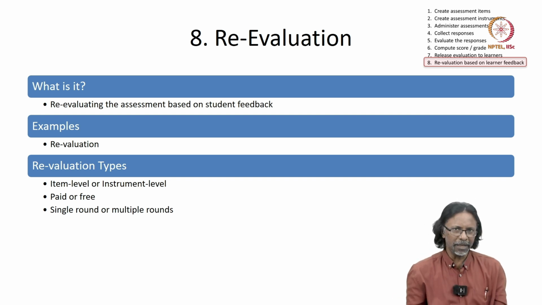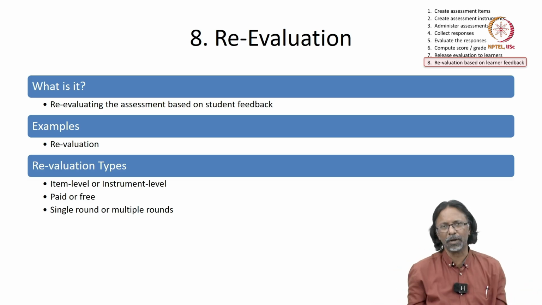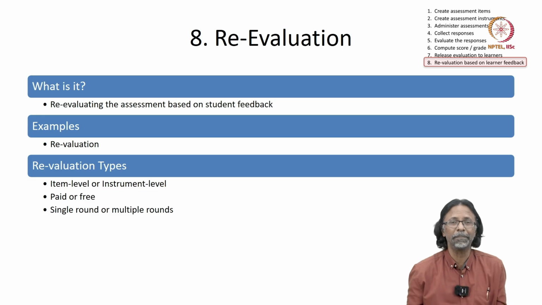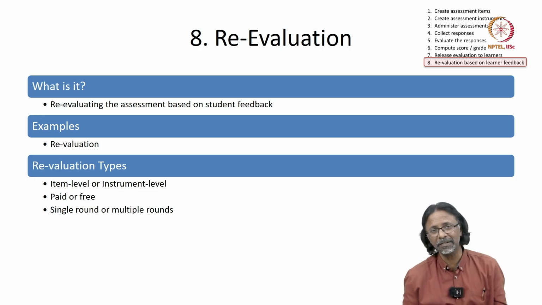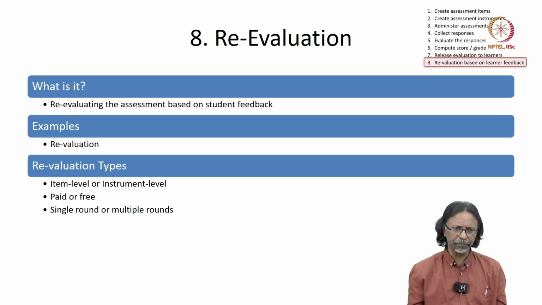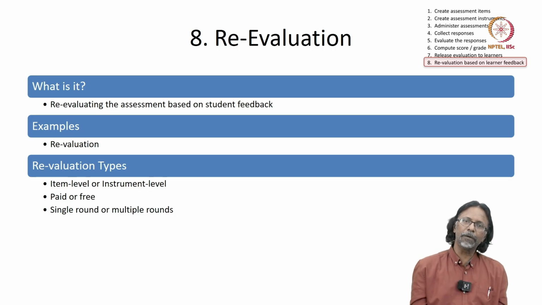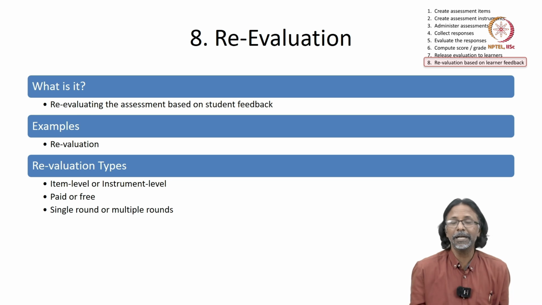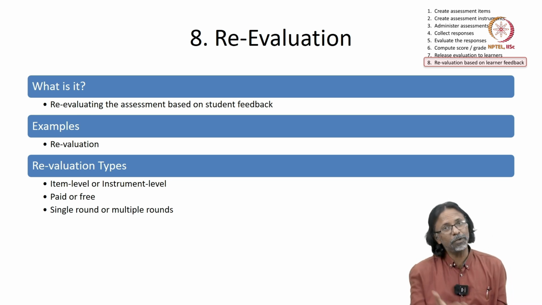What you will realize now is that in this whole 8-step process, technology can bring in an enormous amount of flexibility and empowerment, empowerment to the institutions and empowerment to the learners. Which means that the greater the amount of technology you bring in, the greater is the flexibility that you bring even to re-evaluation.